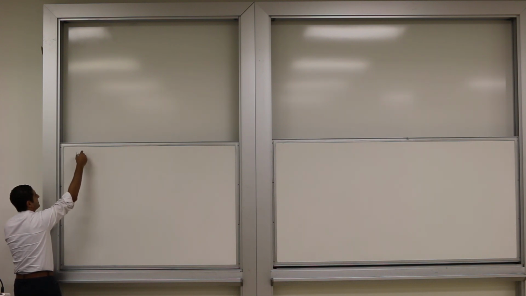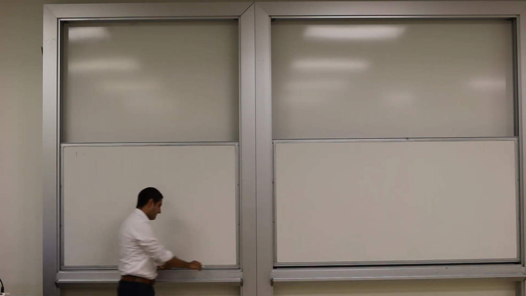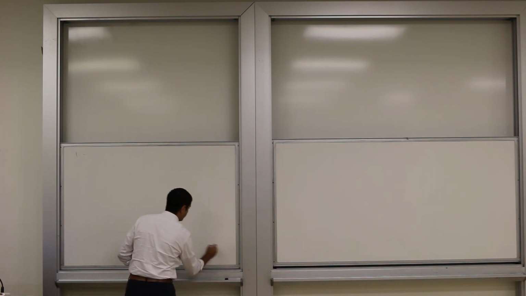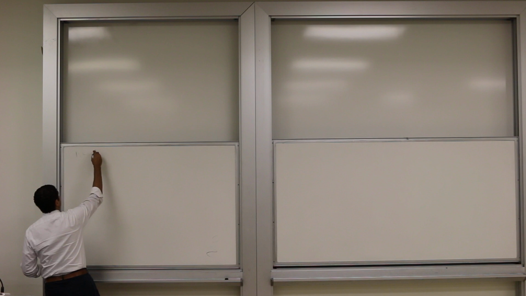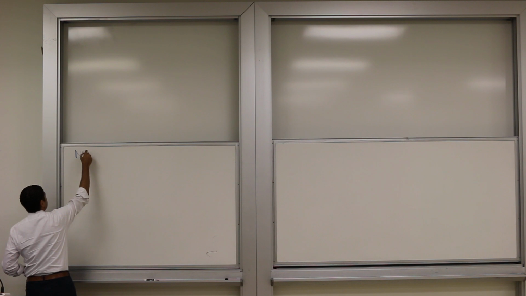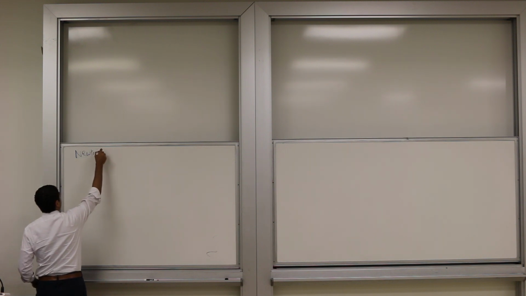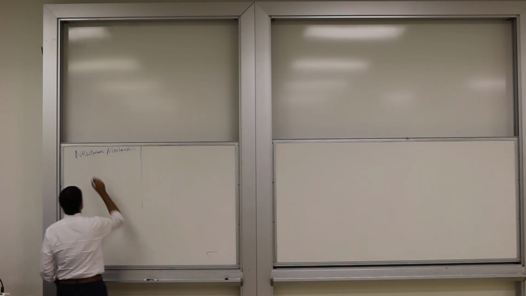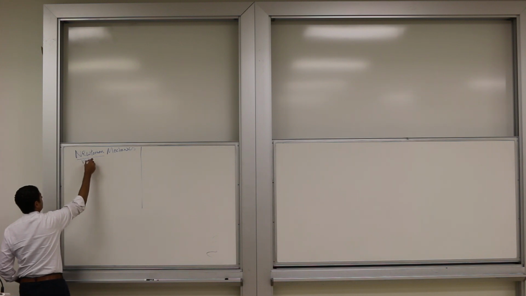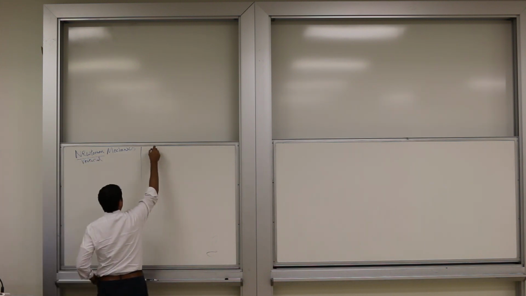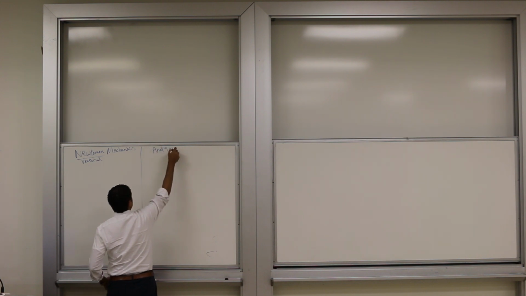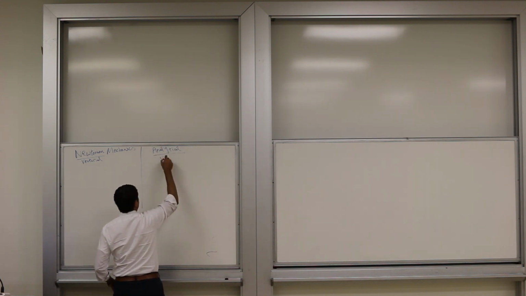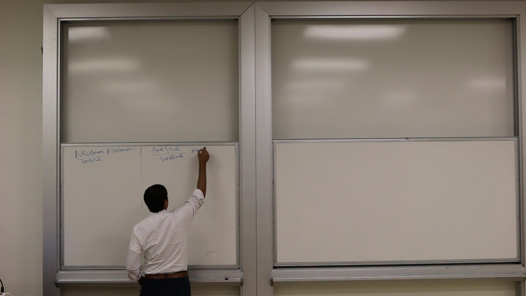So we have Newtonian mechanics. Newtonian or vectorial mechanics versus analytical or variational mechanics. Okay?